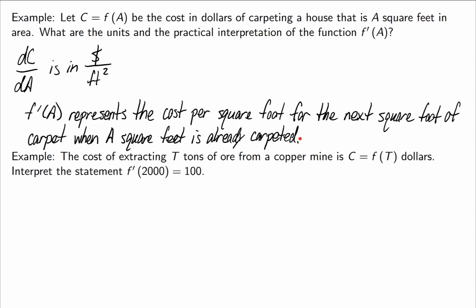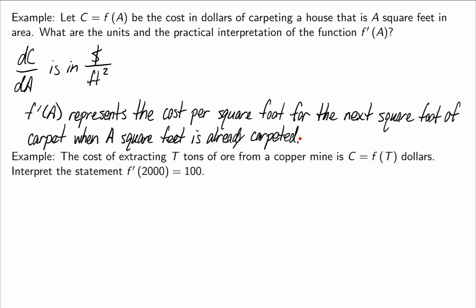F prime of a represents the cost per square foot for the next square foot of carpet. Like I said, just the next is what we're looking at for each derivative. The next square foot of carpet when a square feet is already carpeted. So basically wherever we are, the derivative represents the cost, or whatever you're talking about, of the next item.